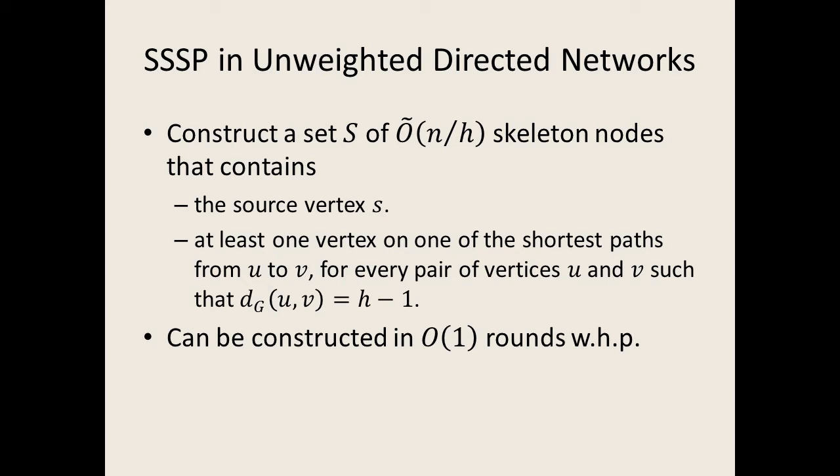Specifically, we choose a set of roughly n divided by h vertices that contains the source vertex S and contains at least one vertex on one of the shortest paths between every pair of vertices whose distance is equal to h minus 1. Such a set can easily be constructed in a constant number of rounds with high probability by simply sampling these vertices.